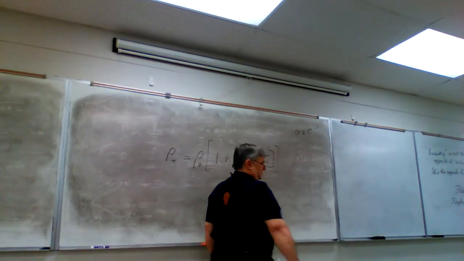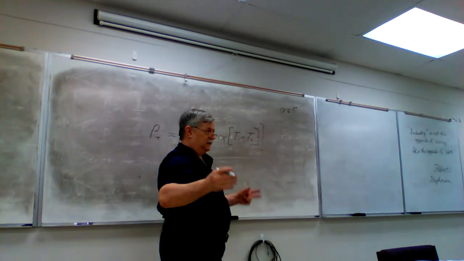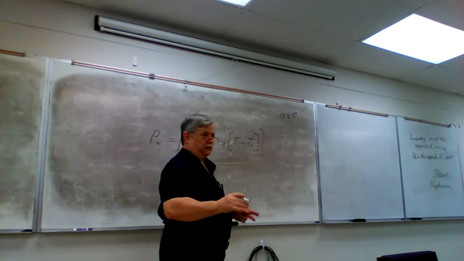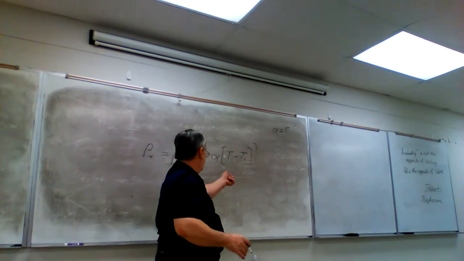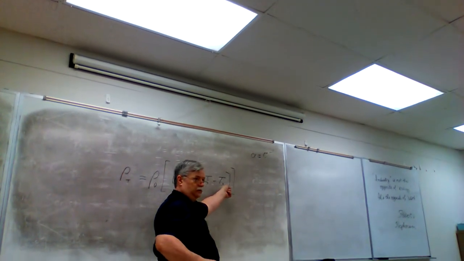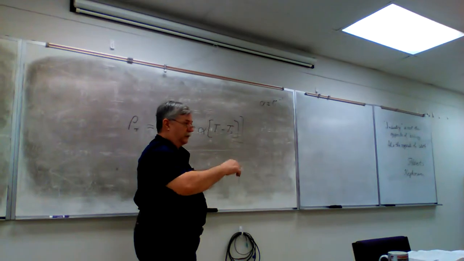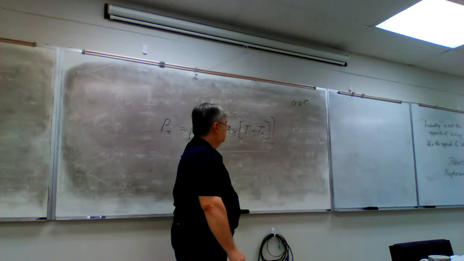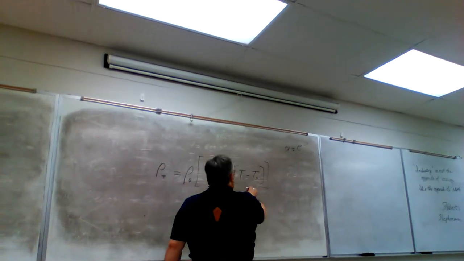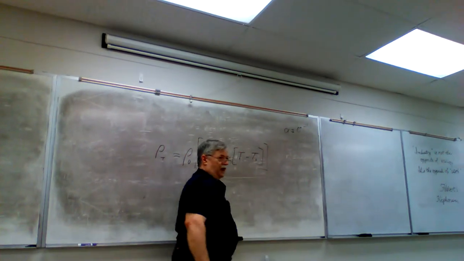So T minus T sub naught is the change in temperature that you're going to actually operate at. It's how many degrees away from nominal you are going to be operating this piece of wire. Okay.